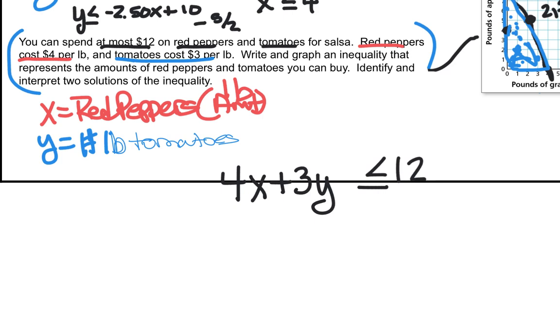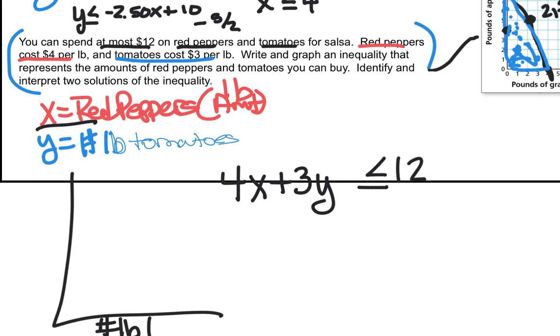Okay, so let's just make a little graph here. X is number of pounds of red peppers, and Y is number of pounds of tomatoes. Okay, and I'm just going to do X and Y intercepts.